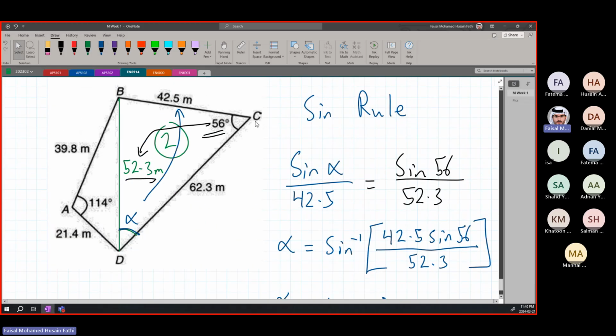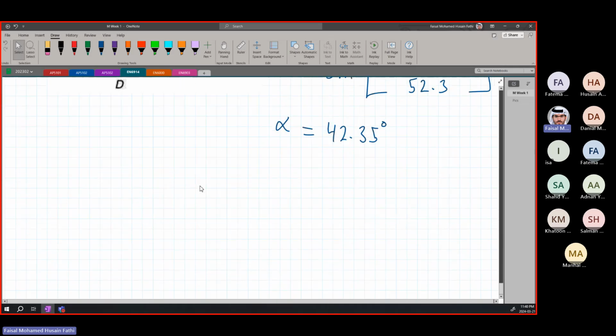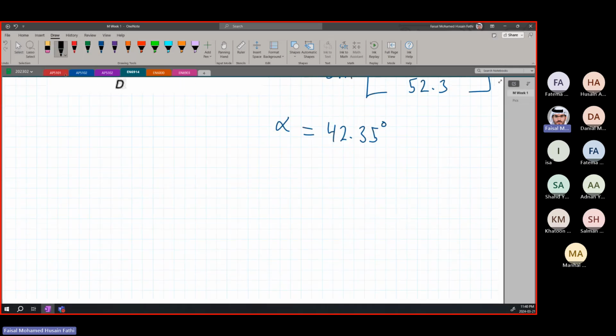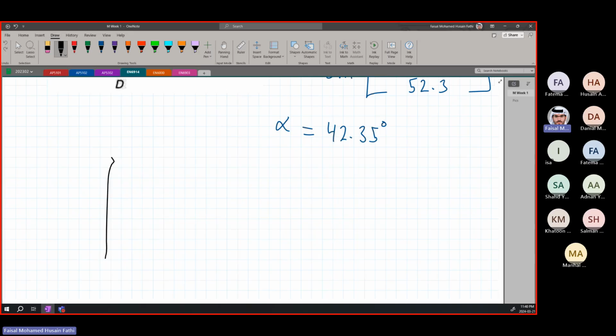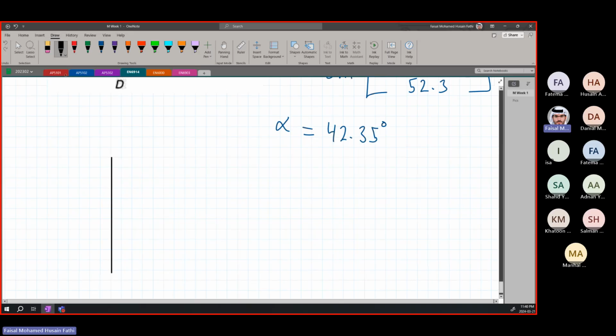Now we can draw this triangle, the BDC triangle. Let's draw it. So we have the straight line here, then the triangle here.